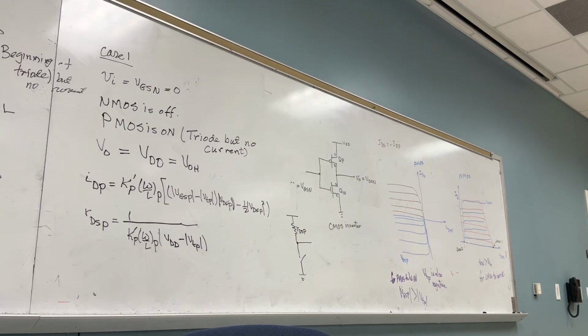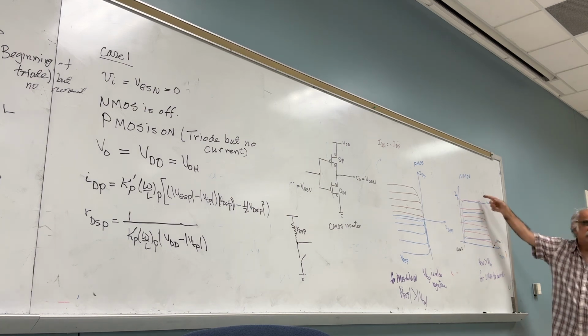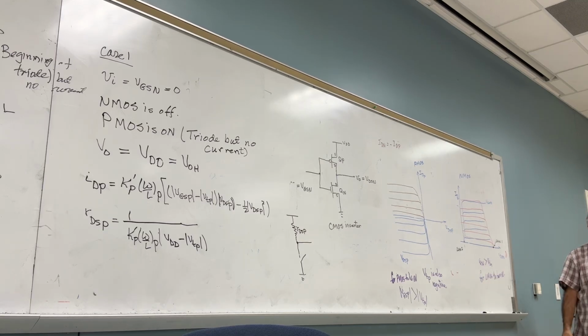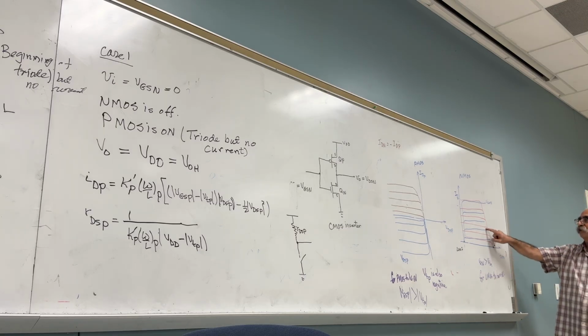Now what am I going to do? I'm going to increase the input. Where am I going to move? I'm going to move through one of these, depending on how much I am increasing it. Let's assume this is 1 volt, 2 volt, 3 volt.